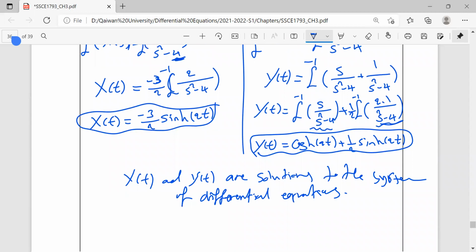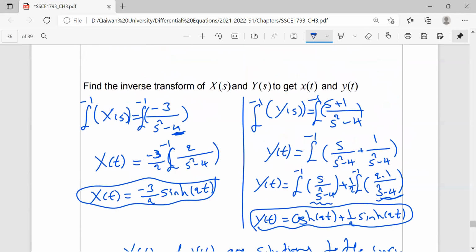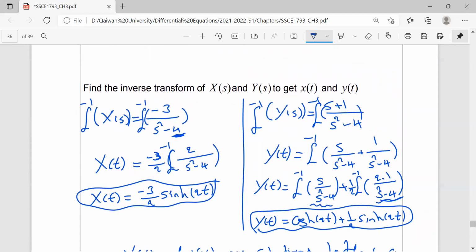In solving a system of differential equations, we just need to find x of t and y of t. We first take the Laplace for both sides. Then we rearrange the equations, putting all x of s and y of s on the left and other terms on the right. Then we solve these two equations using Cramer's rule. After finding x of s and y of s, we just take the Laplace inverse for both sides. That's only 3 steps.